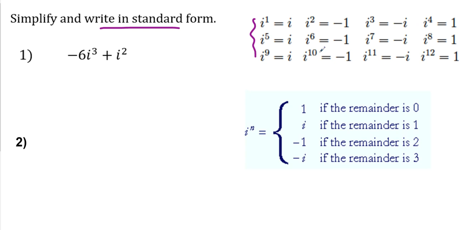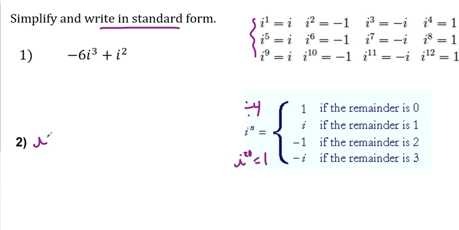So what is happening here is if you divide by 4 and your remainder is a 1, it's i; if the remainder is a 0, it's going to equal 1, and so on. This is i to the nth power. So I have i to the 20, and I divide 4 into 20. That's going to be an even division, no remainder, so i to the 20 is equal to 1.